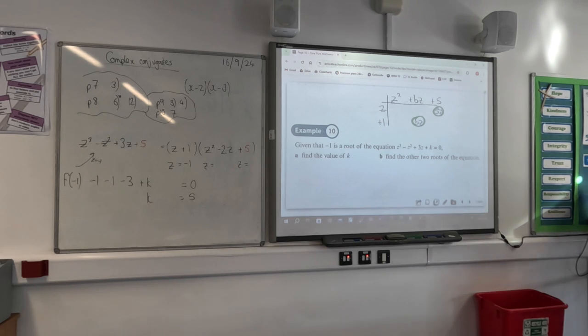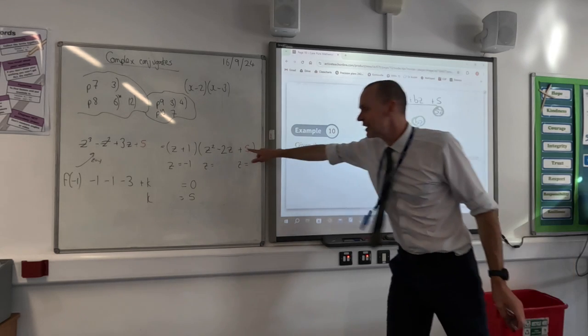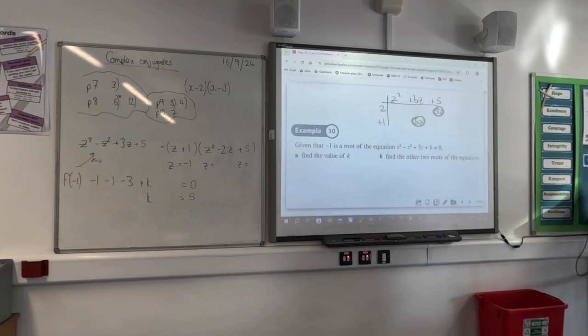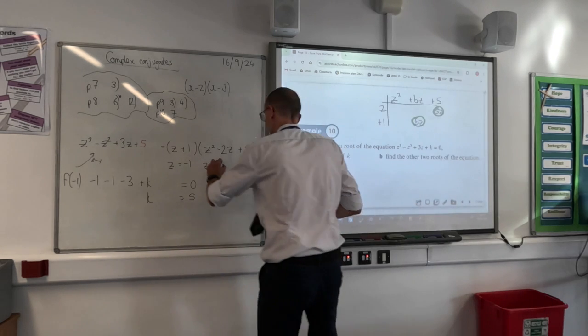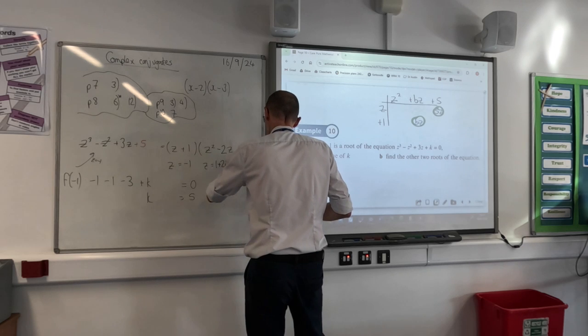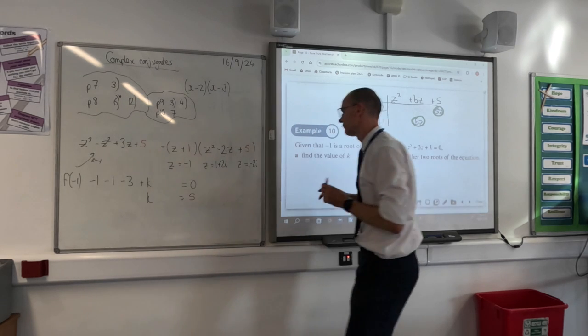So what we're doing is we are whacking in this equation. We can always check the answer. And if you've got your calculator set into complex mode, you should get 1 + 2i and 1 - 2i.